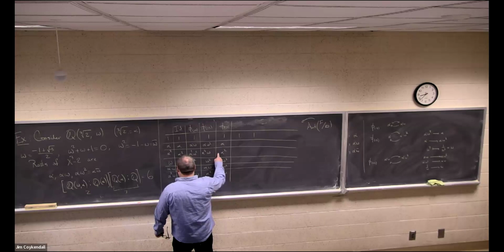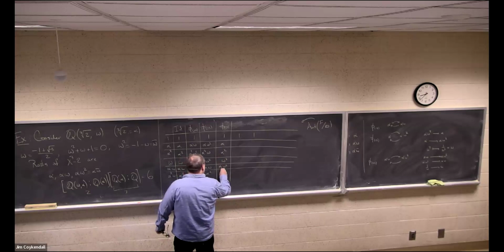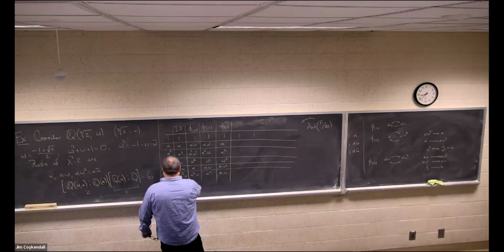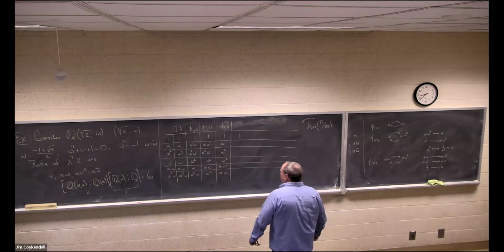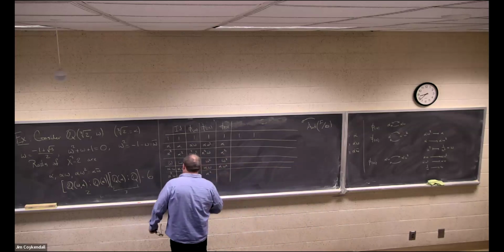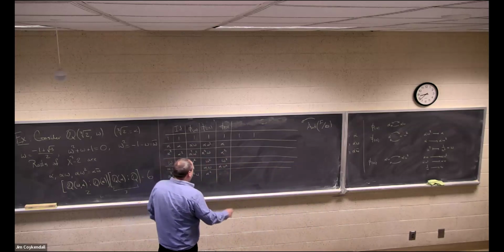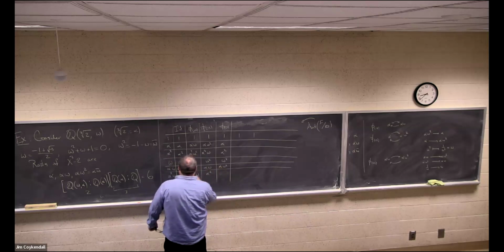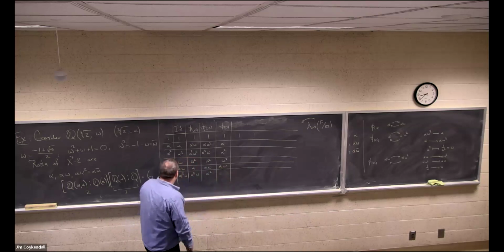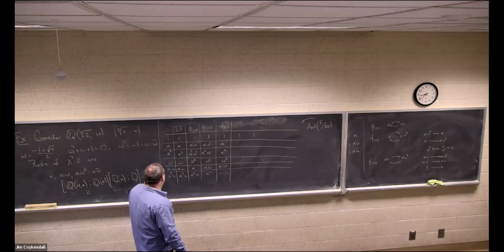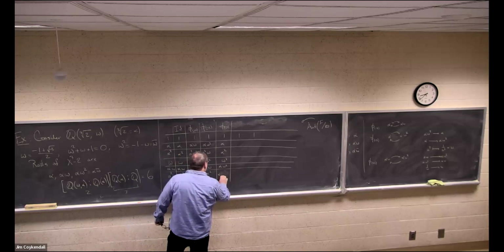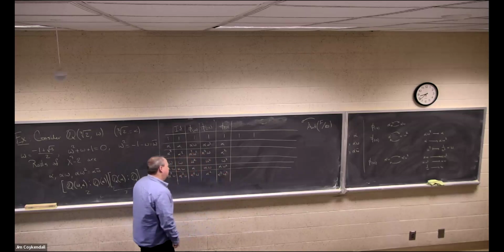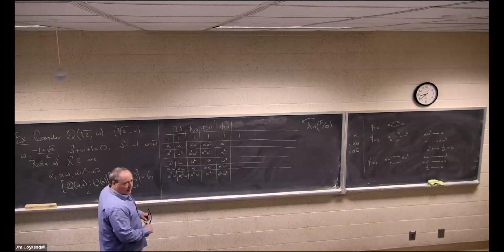Let's see. Oh, yeah, here's what I did. I copied this down, I guess. This is alpha squared omega. Yeah, I confused that with alpha omega squared, which I should not have done. This is correct, and then I wrote the other one, and that's not what I meant to do. Alpha squared omega actually goes to alpha squared omega squared. There we go. That's better. Everybody okay with that?